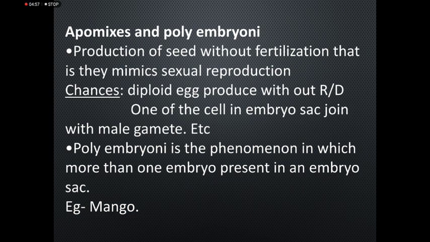Then we move to the last topics. They are apomixis and polyembryony. Production of seed without fertilization, that is they mimic sexual reproduction. That means we know that fertilization is required for seed formation, but there are some abnormal conditions called apomixis.